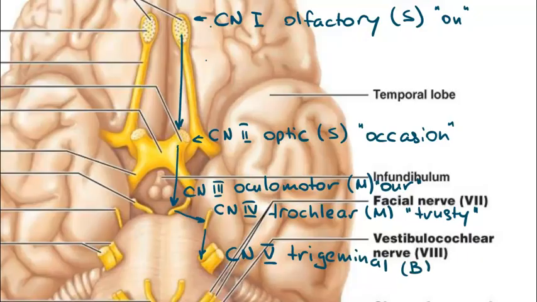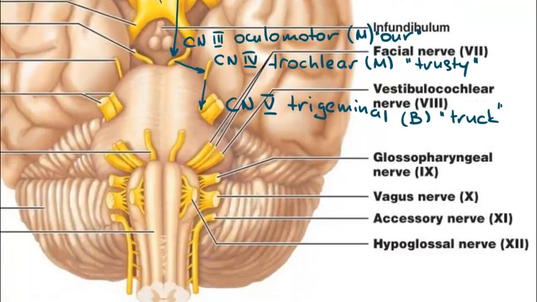It will be both motor and sensory. The word is "truck". You can notice that the first letter of the word in the mnemonic rule matches the first letter of the name of the nerve.